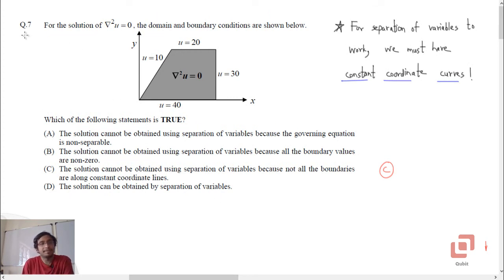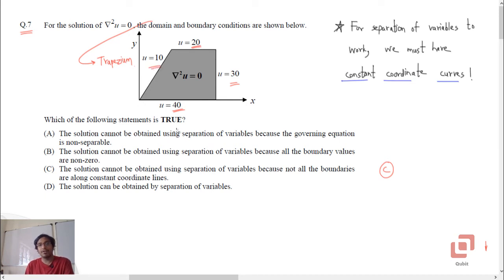Question number 7 is from partial differential equations. For the solution of Laplace's equation del squared phi equal to 0, the domain and the boundary conditions are shown below. The domain is a trapezium and the boundary conditions are constant, in this case constant boundary conditions of 30, 20 and 10.